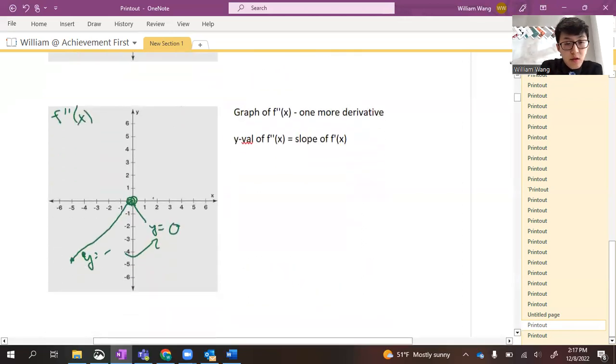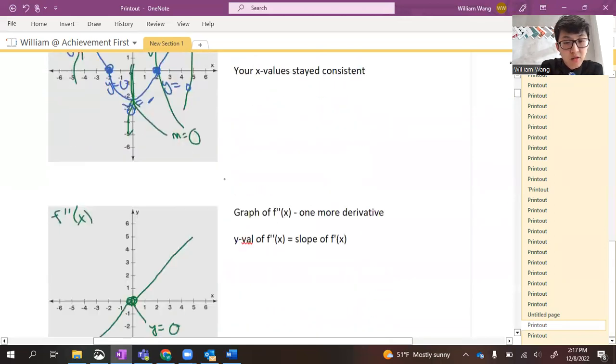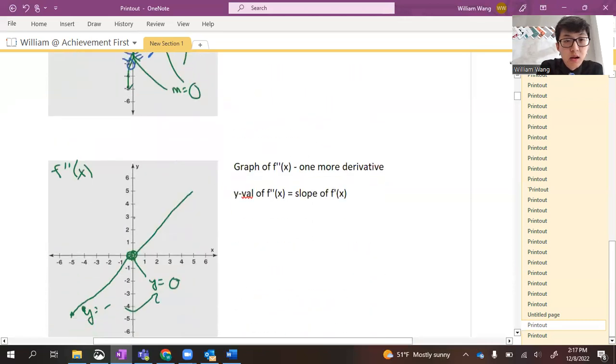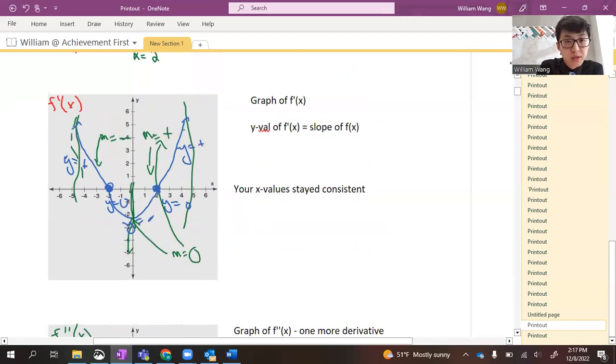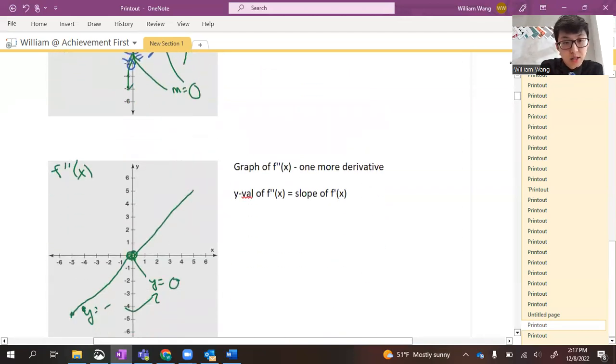So my y values are going to start from 0 and go positive, and I end at 5 because that's where my graph ends. Again, I plot the slopes here that are positive with the y values here that are positive.